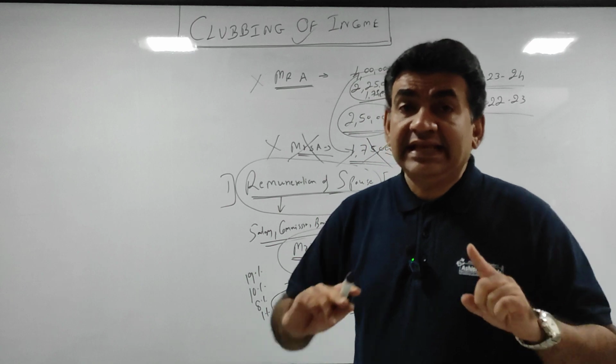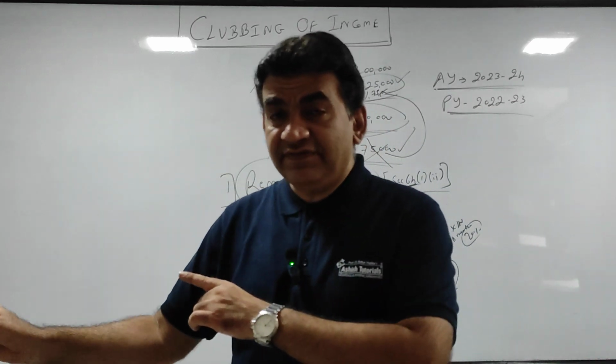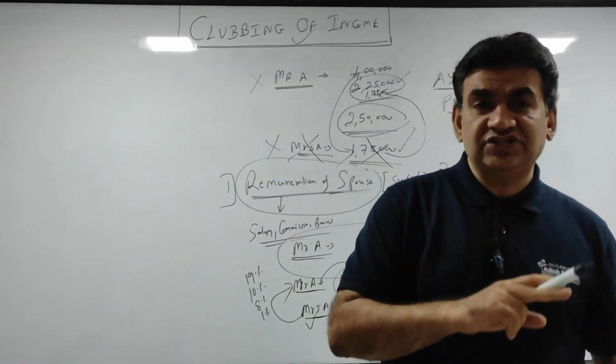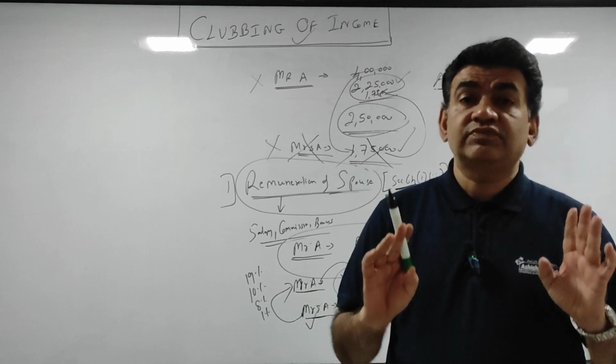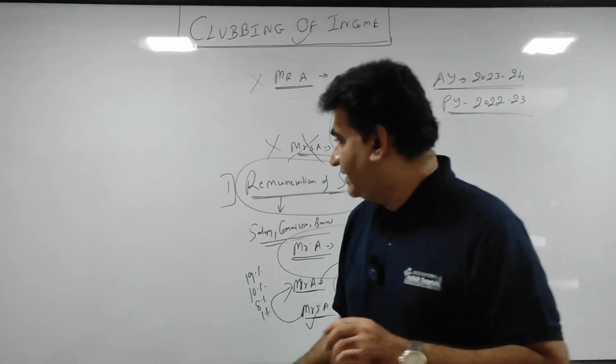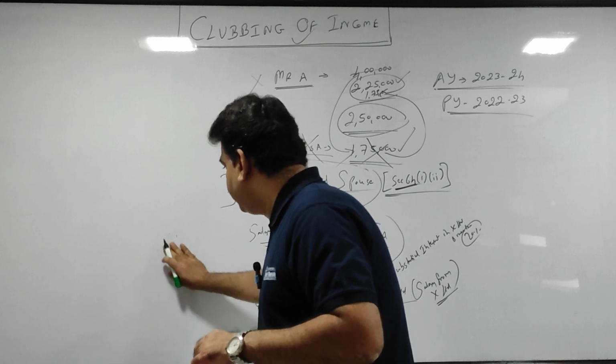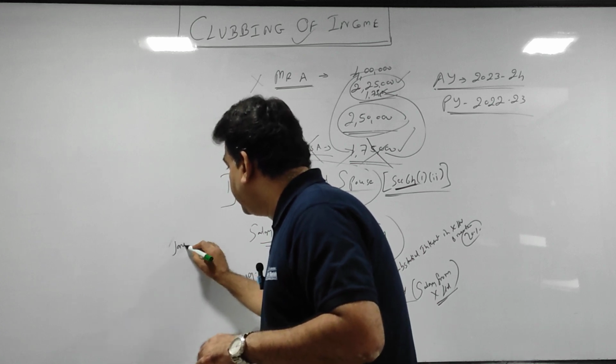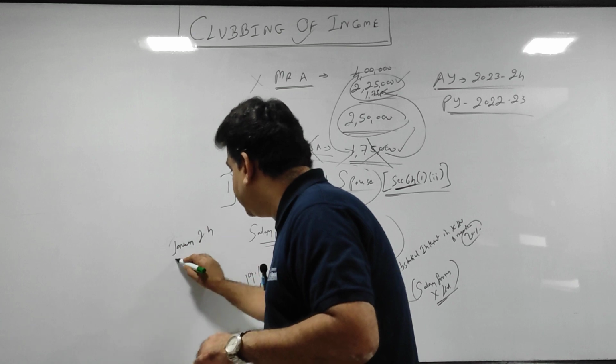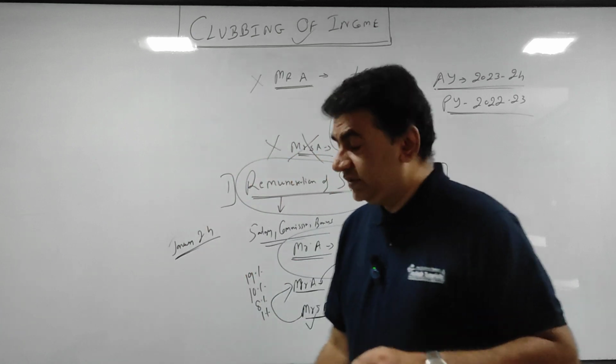What is a spouse? Wife for a husband, husband for a wife. The relationship of spouse has to exist. Say for example, say this is the month, let's say January. I'm taking January 24. Let's take the month as January 24.